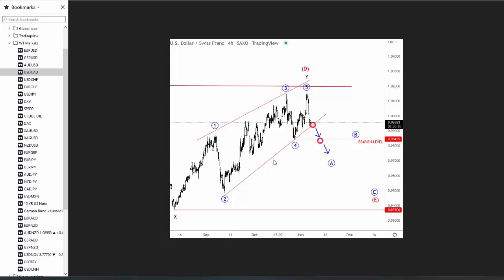So it's not a surprise that the US dollar has seen a very sharp sell-off, while the US yields also came to the downside.